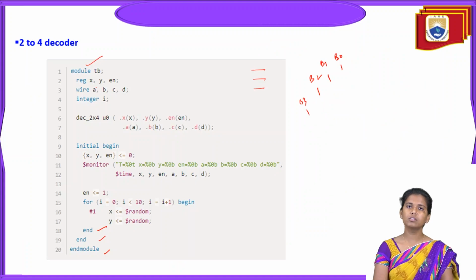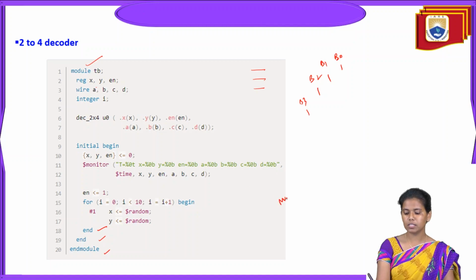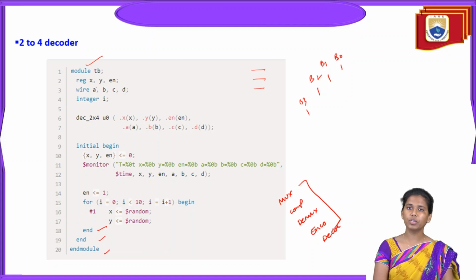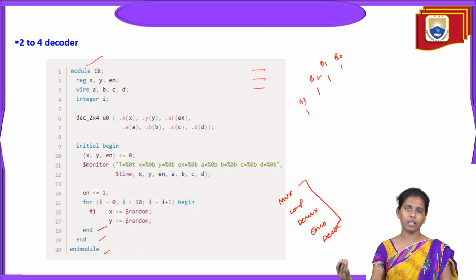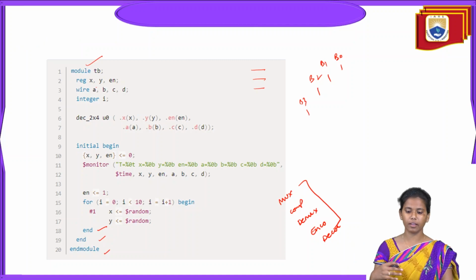Not only the encoders but also the comparators and the multiplexers. So multiplexers, comparators, demultiplexers, encoders, decoders, all these major blocks, we can easily get the output with respect to the circuit diagram by starting from the truth table, then following the Karnaugh maps, then the expressions, and finally the circuit diagram.